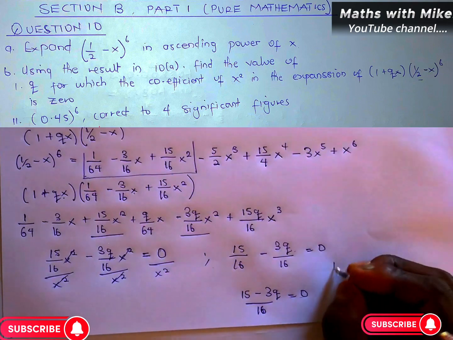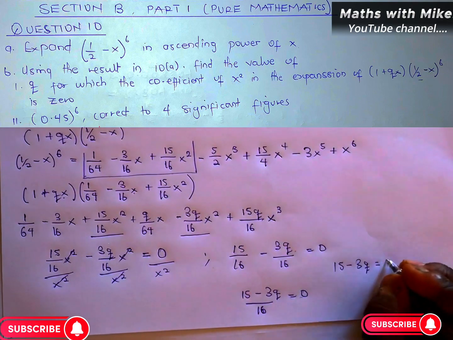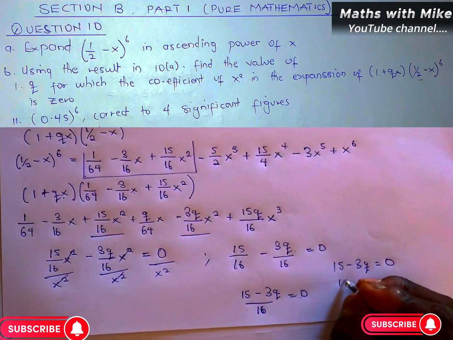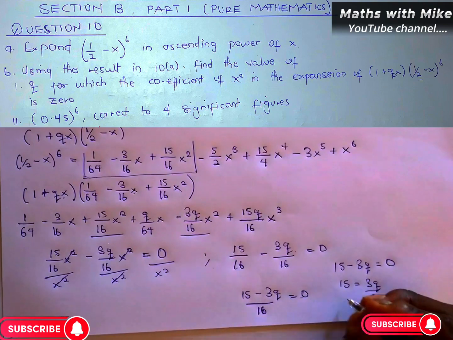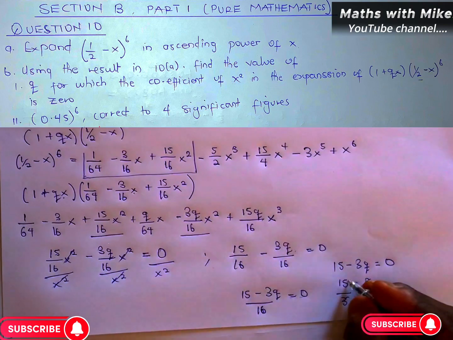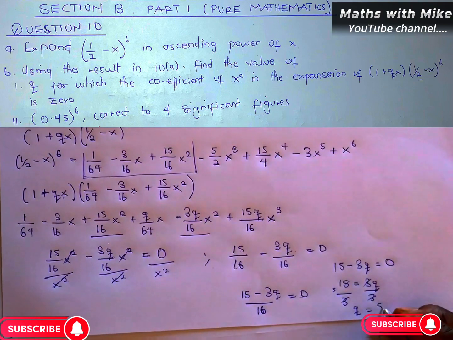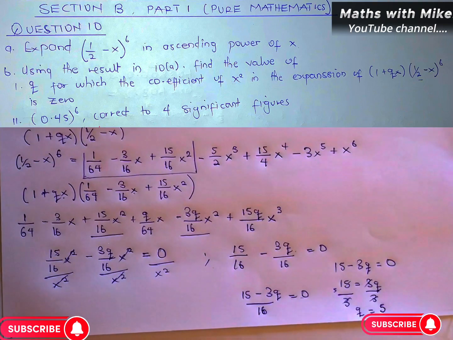So we are going to get 15 minus 3q is equal to 0. 15 is equal to 3q, we divide by 3, we divide by 3. We conclude that q is equal to 5. So this is the value of q for which the coefficient of x squared in the expansion is 0.